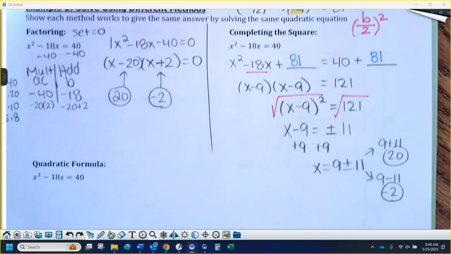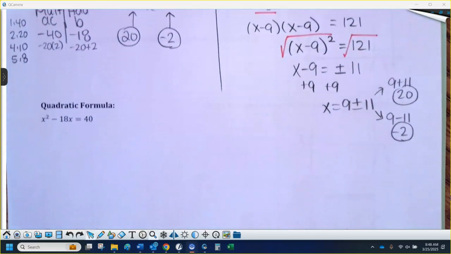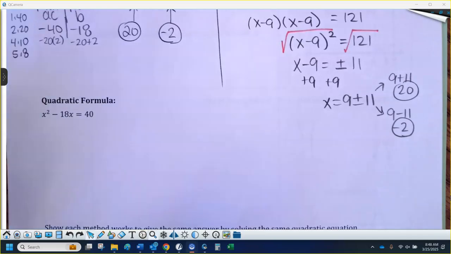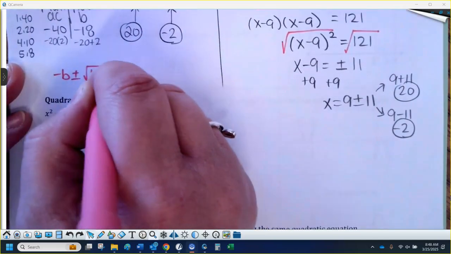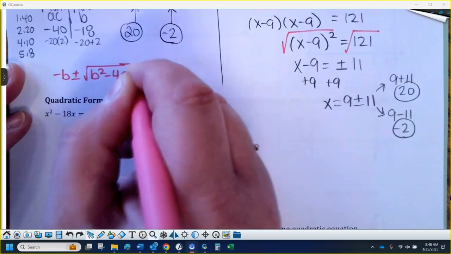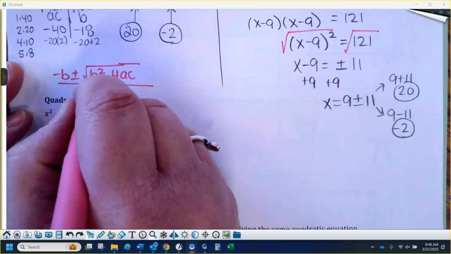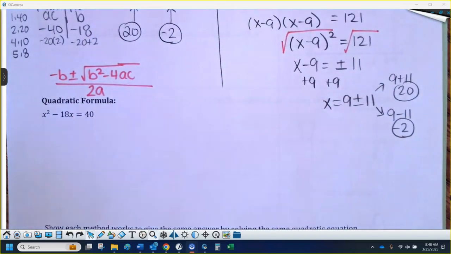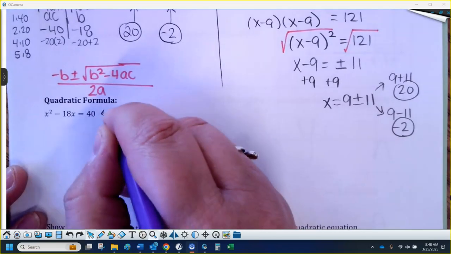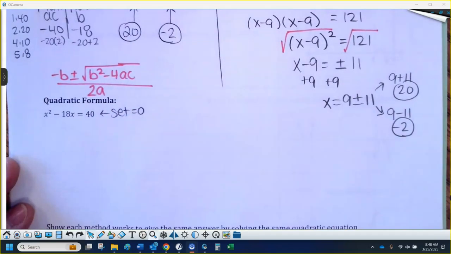Okay, now the last one we're going to do, we're going to review what we did yesterday, which is the quadratic formula. And let me just write it real quick on the screen so you guys can see this. It's negative b, or opposite of b, plus or minus square root b squared minus 4ac all over 2a. Now, if you are doing the quadratic formula, this is like factoring where you would want to set this equal to 0.